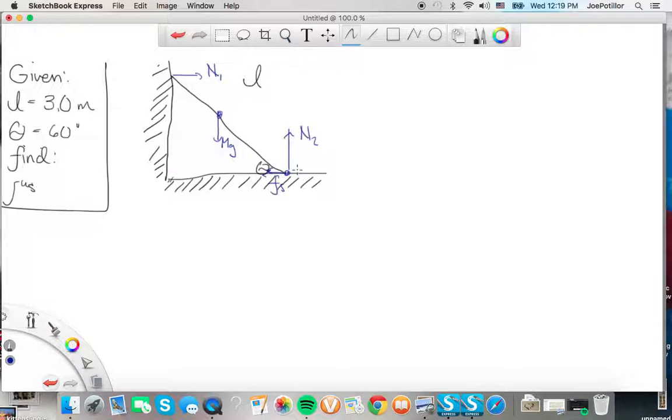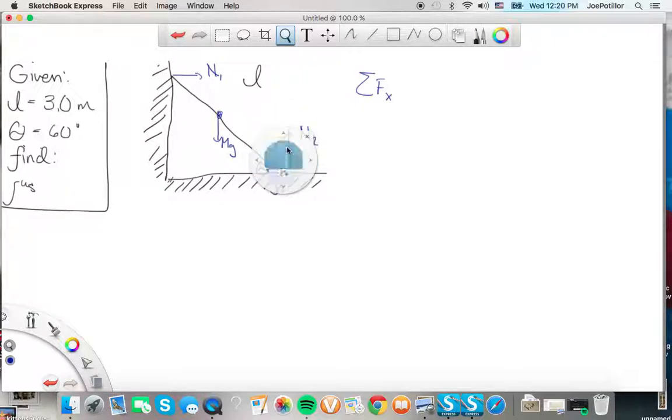Now, from here, we have two situations to set up. So let's set it up. We have our sum of forces in the x direction.